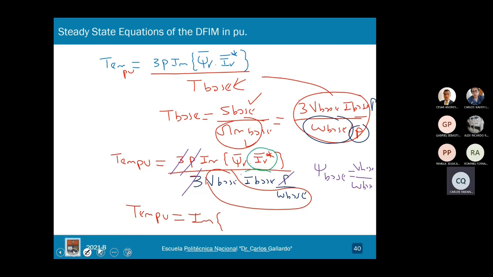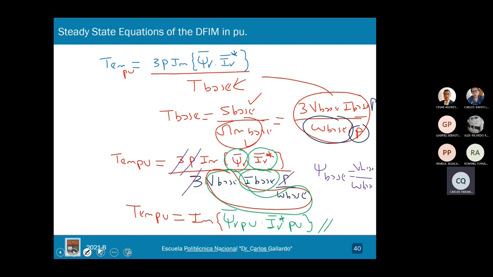This current over the base is the per unit value. This flux over the base is the per unit value. So I will get the per unit rotor flux times the conjugate of the current, the per unit value. And this is the equation in order to compute the electromagnetic torque.